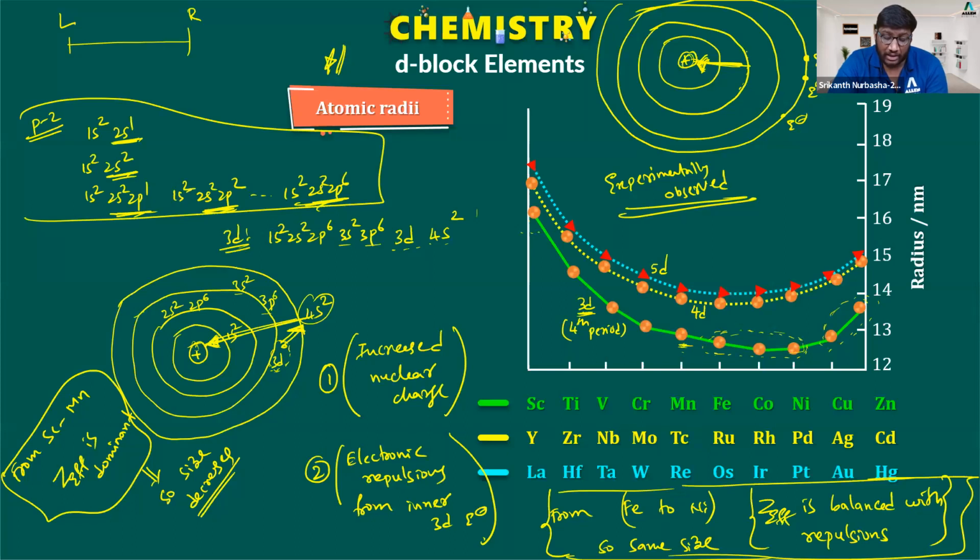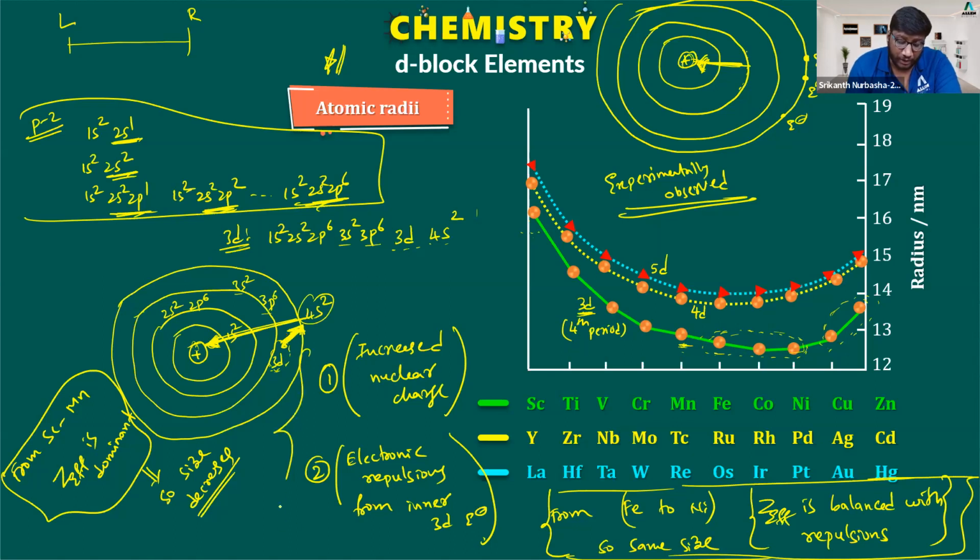But in the D block elements, if you look carefully, you are filling electrons in the 3D subshell, which is the inner subshell. So the outermost electrons were attracted towards the nucleus because of increased nuclear charge. The outermost electrons were repelled by the inner 3D electrons.